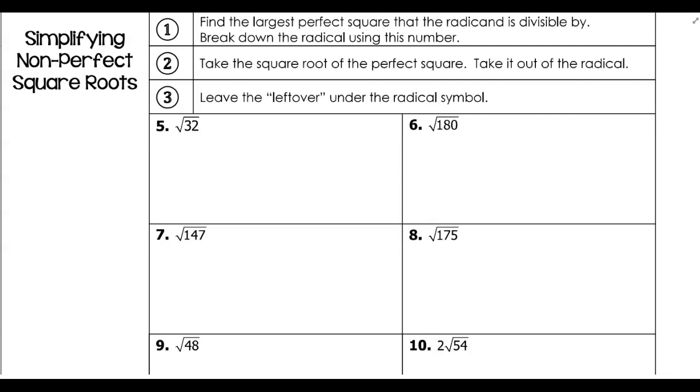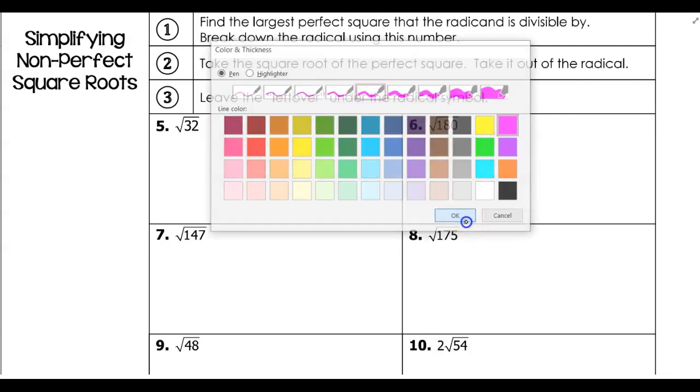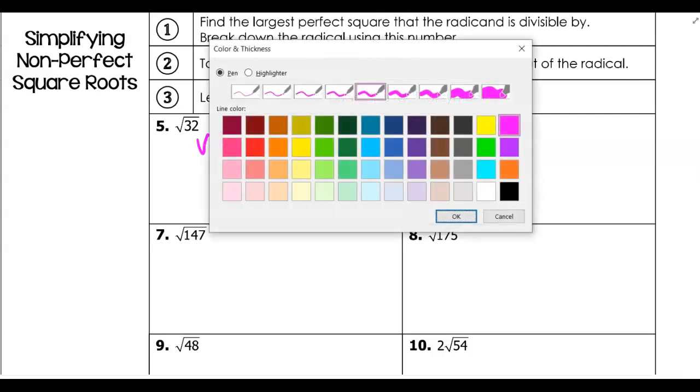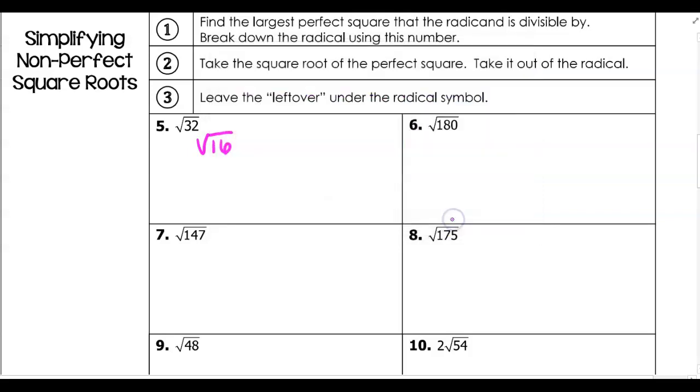So we'll start here by writing this as the square root of 16. And then we'll write the square root of what's left there, which is 2.